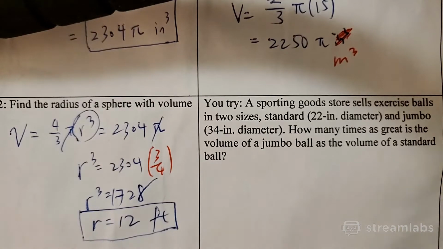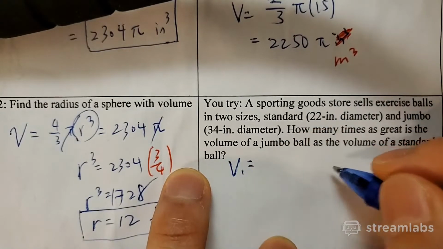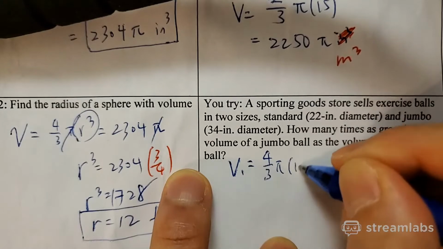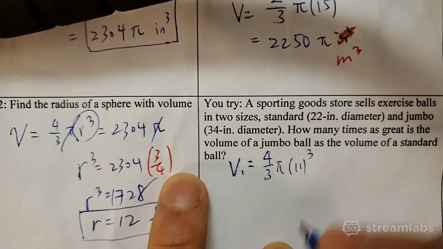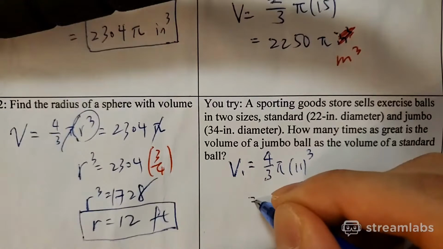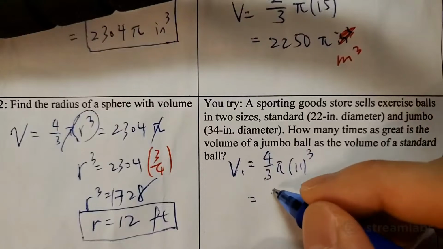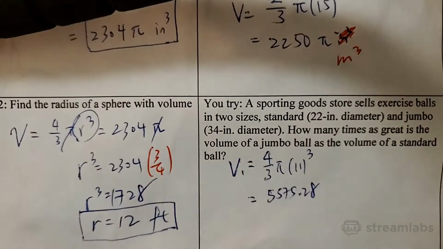So the most straightforward way to do it is you actually calculate both volumes out. Okay, V1 is 4/3 pi, r is 11, right? Because your diameter is 22, cubed, right? So that's that, and then you're going to get, if you multiply the whole thing out, like 5572 without the pi, right?